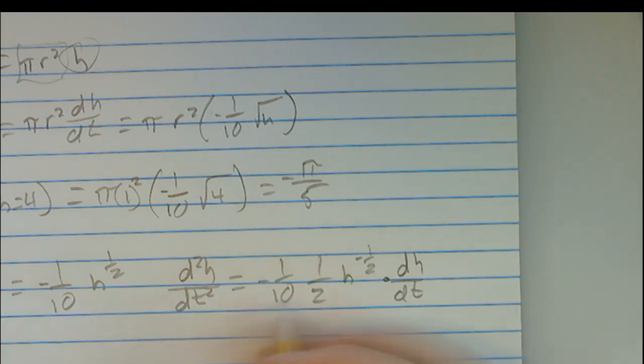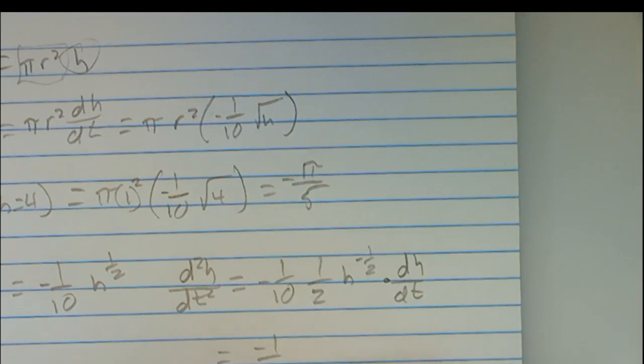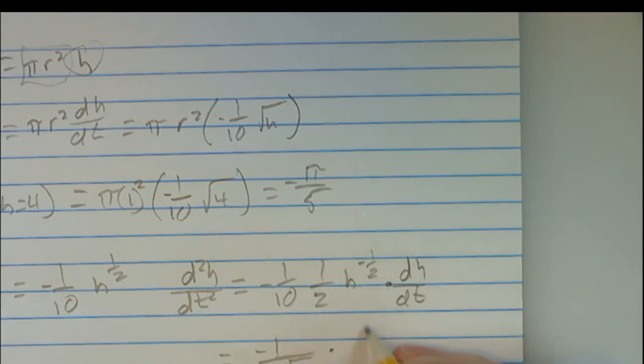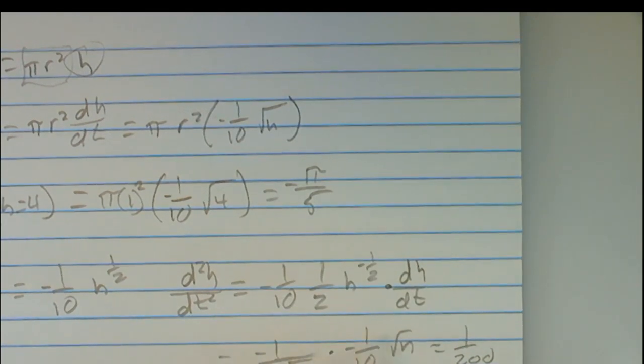So this ends up being negative 1/20. We'll just put the square root of h down there, times what we had to begin with, which was negative 1/10 square root of h. This ends up being 1/200, just straight up, right? We have one square root of h on the top and the bottom.